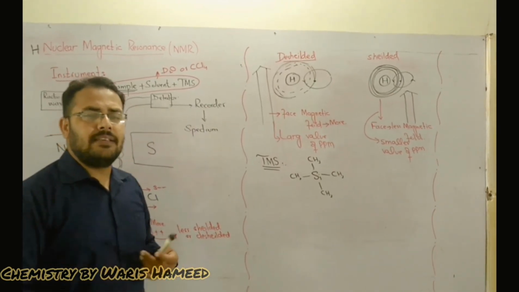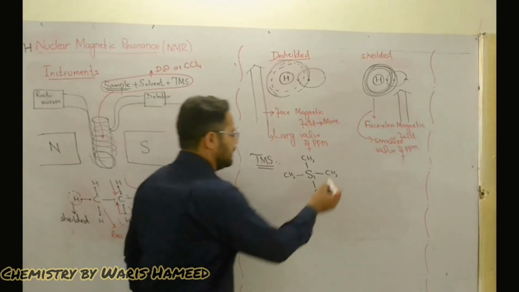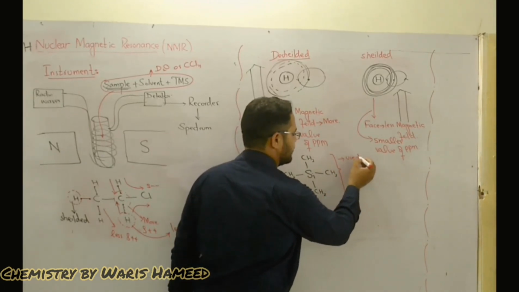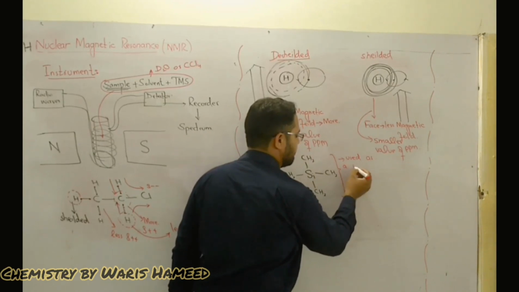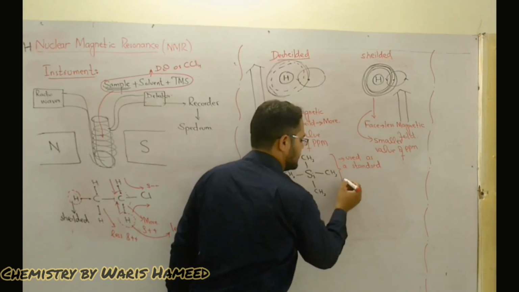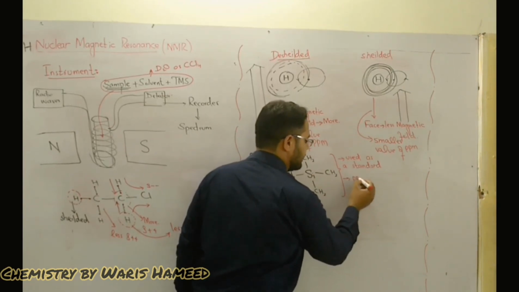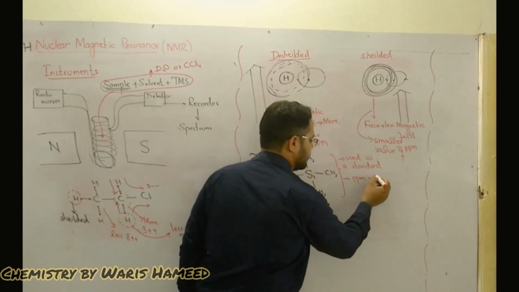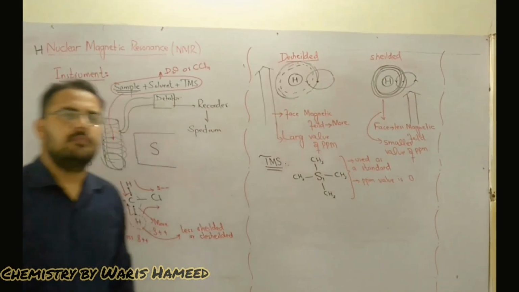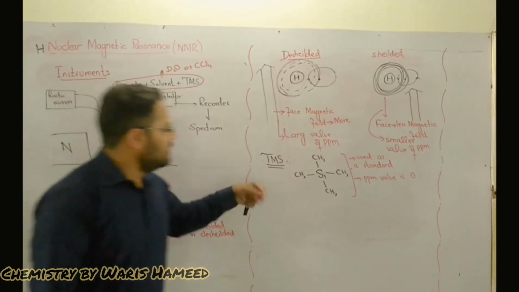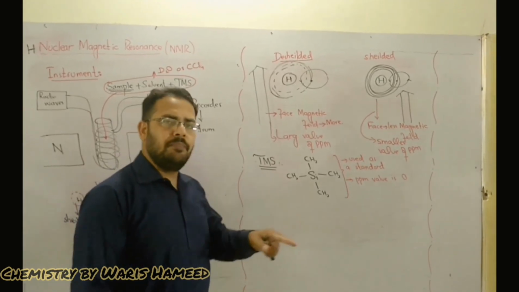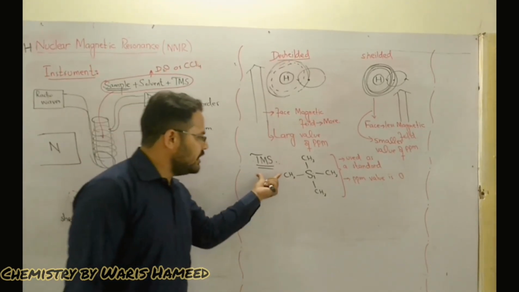It is used as a standard, and its ppm value is 0. So when we use another organic molecule, we always discuss the ppm value of the other molecule with reference to TMS.